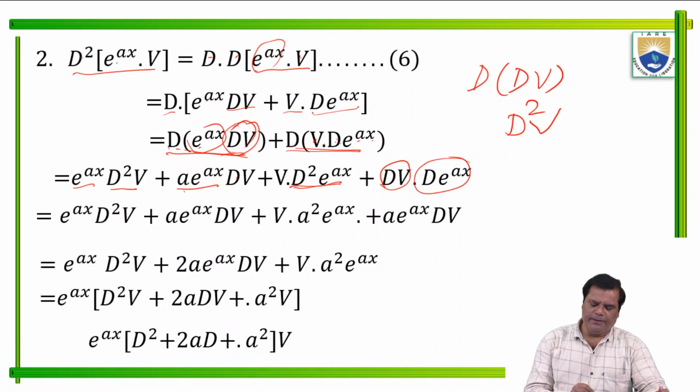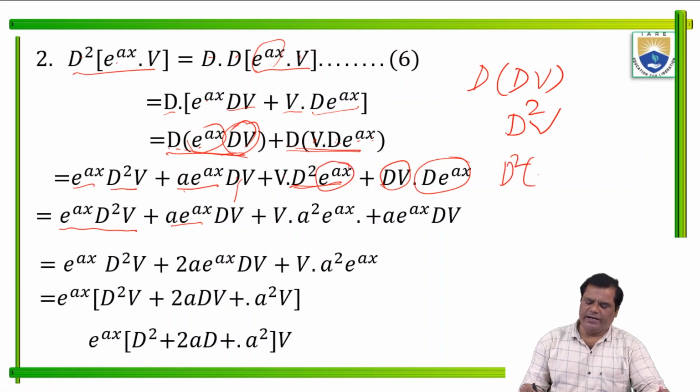So now we have e to the power ax D square v, plus a e to the power ax Dv, plus v times the second differential of e to the power ax. D square of e to the power ax means a square e to the power ax, because a is multiplied with x, and differentiating two times gives a square e to the power ax.